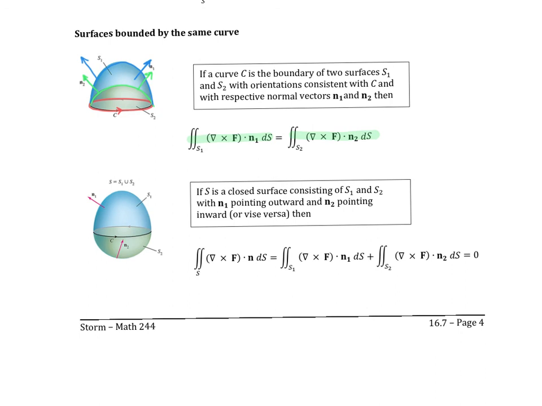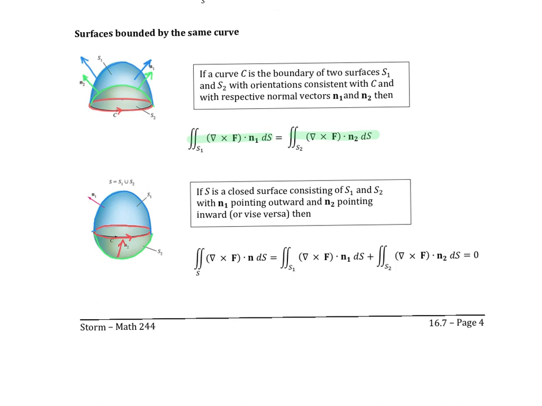However, you got to be careful. Let's say that you have a curve, so we have this oriented curve, and you have surfaces below and above the curve. Well, in that situation, if you look at this diagram, the surface below is not being generated in the same direction as the curve, so the normal vector for the lower would be inward facing.